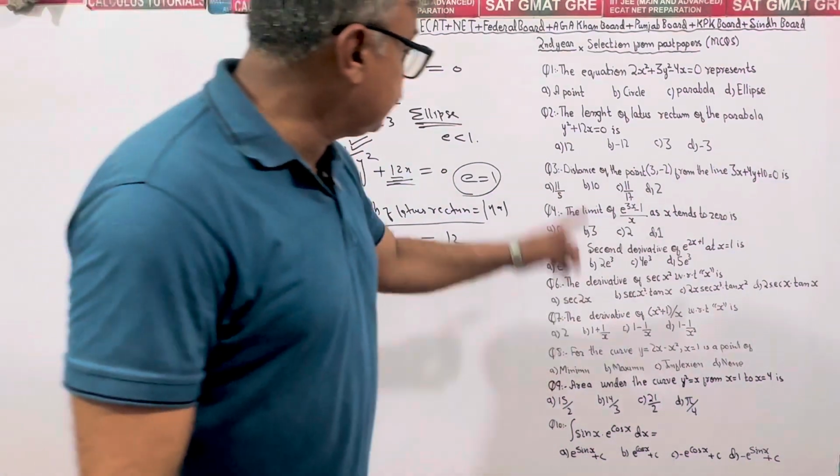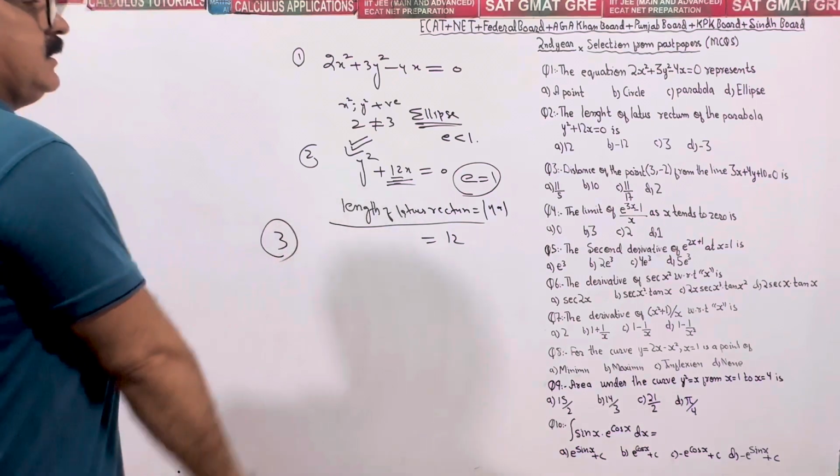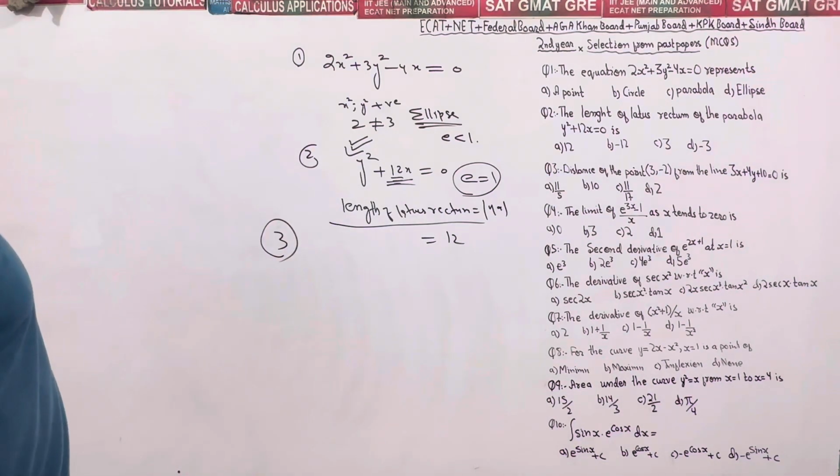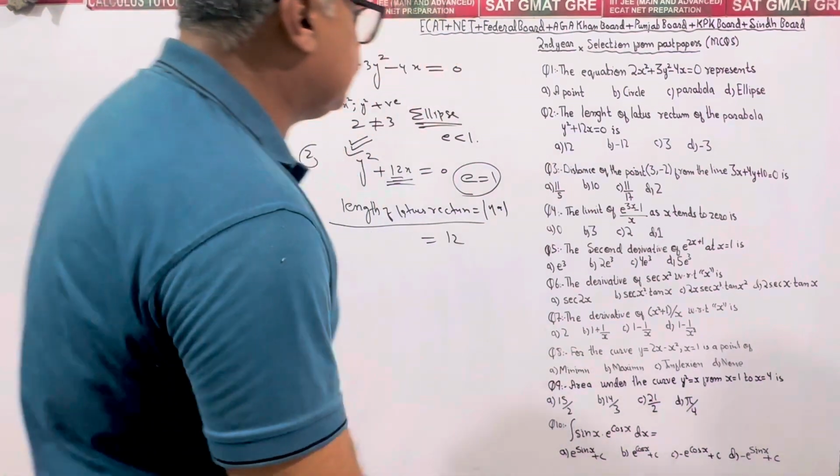Okay, next question number 3: distance of the point (3, minus 2) from the line 3x plus 4y plus 10.